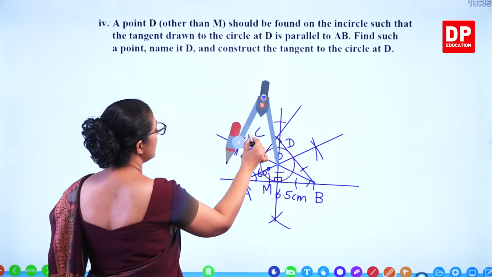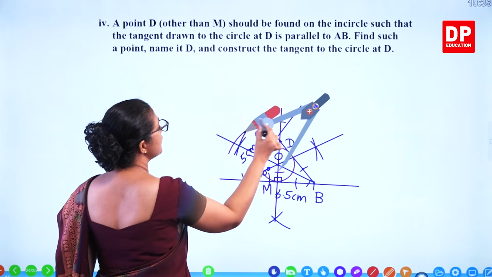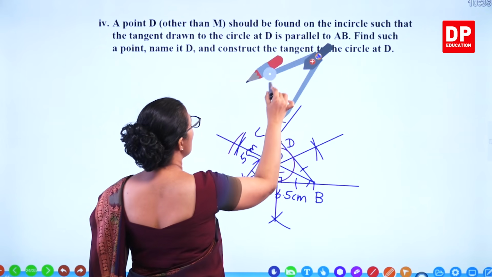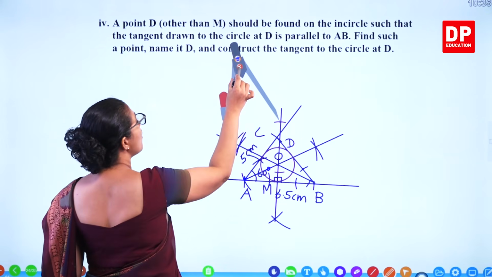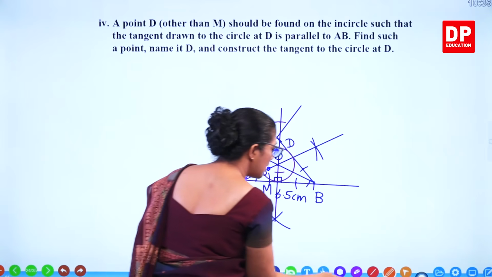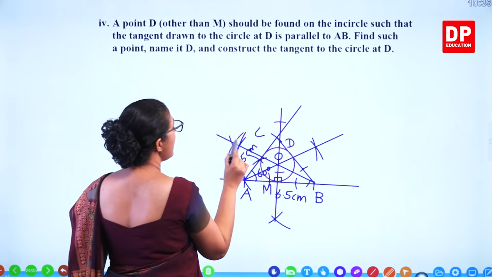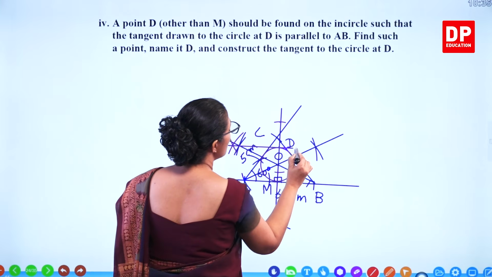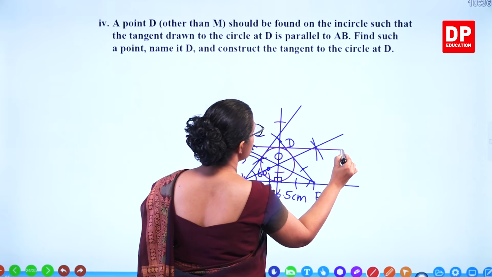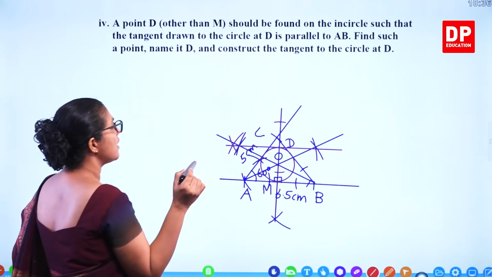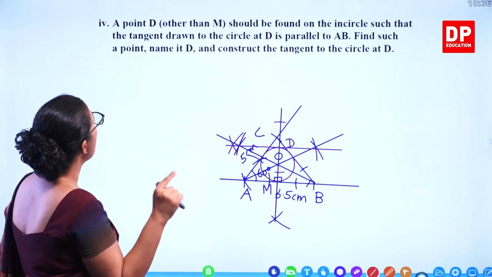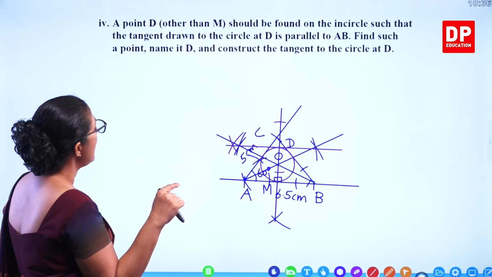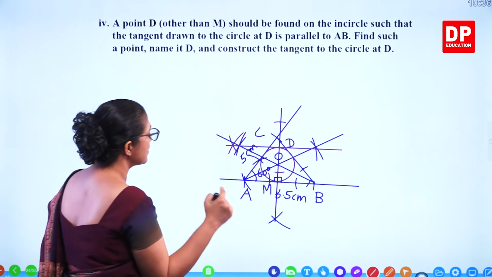I'll draw the arc here and keep on top of this point and draw the other arc. Now we have the point, now connect. So that's the tangent line to the circle. Now draw it to this D point, connect it. So that's the tangent line drawn at D, parallel to AB. So that's the last part.